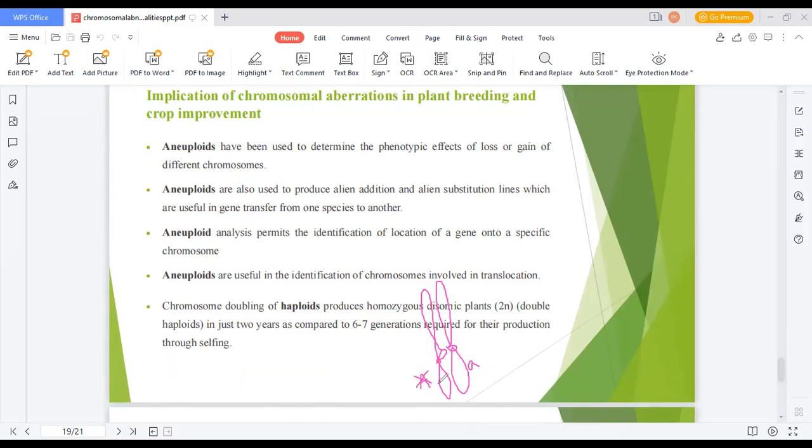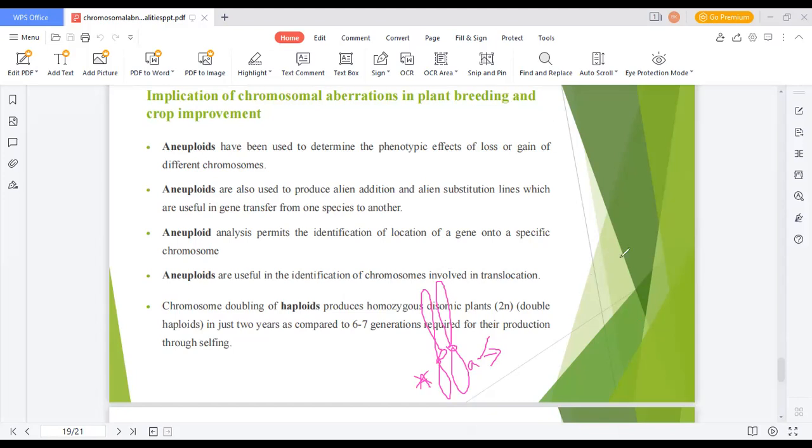By missing this gene, it expresses its character easily. So this is called pseudo-dominance. What is that? Pseudo-dominance. So this type of gene action we can also know by these chromosomal aberrations. What is the function of the gene in the absence of the dominant gene? We can easily trace that out by these chromosomal aberrations.